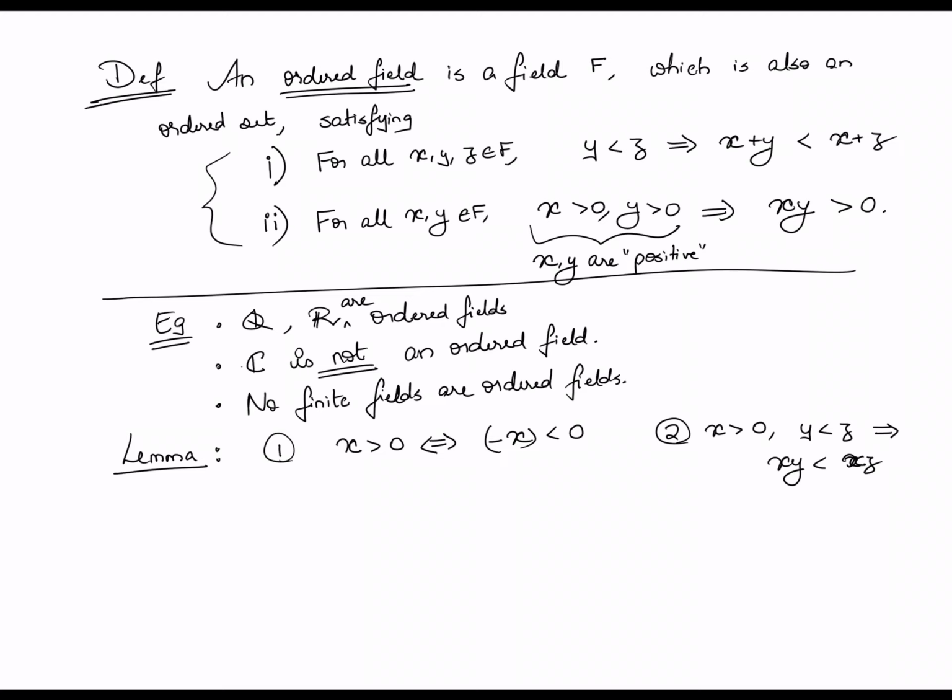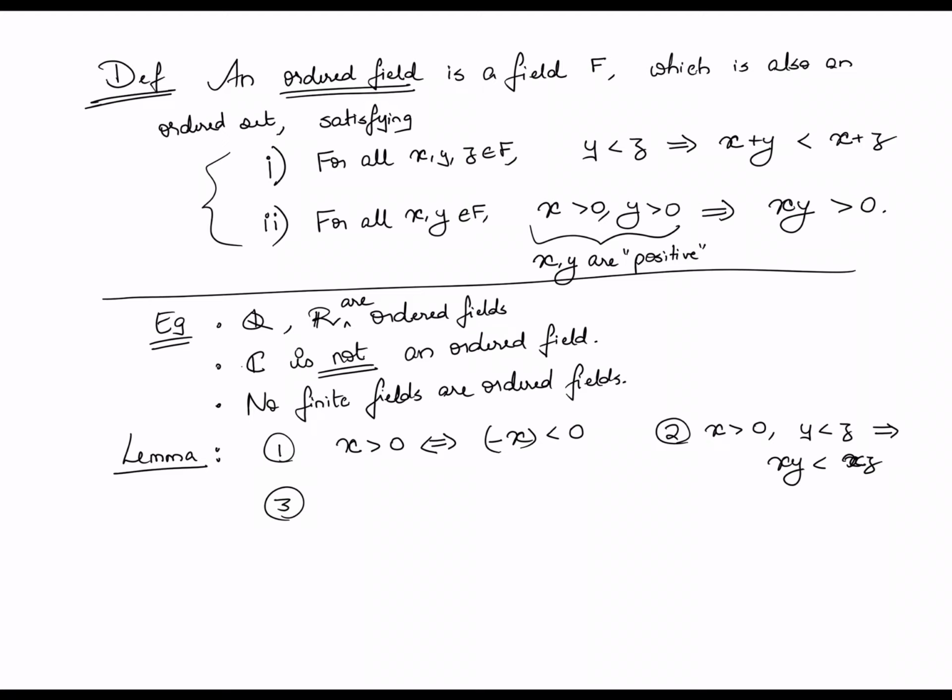This is again a property we are used to using with real numbers. If I take an element which is positive, and you have y less than z, then I can, quote unquote, multiply x on both sides of this inequality and it remains valid.